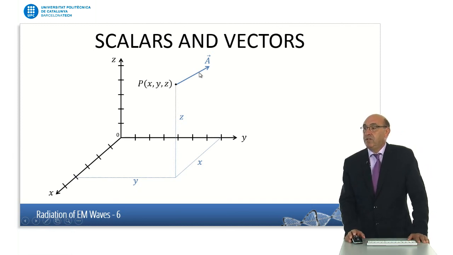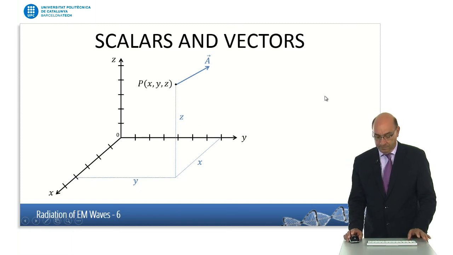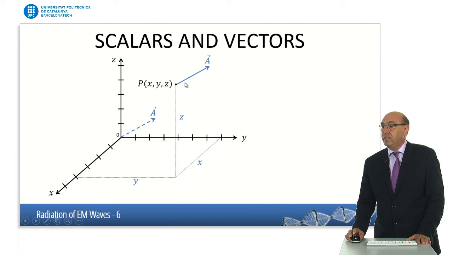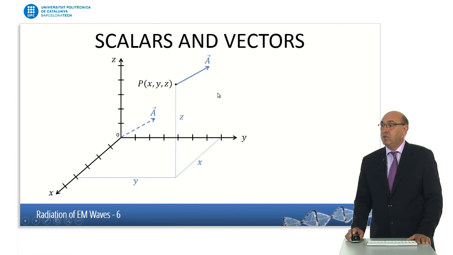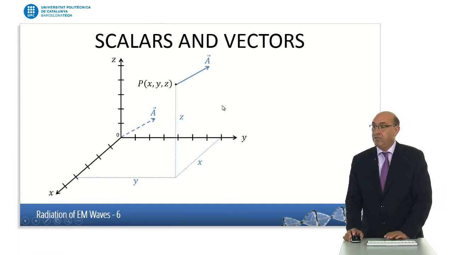The first thing we can do with this vector is just to project it and translate it to the origin, to this point here. In this case, we have exactly a vector that is parallel to the previous one and is a replica of it. Now, to represent a vector, we need something more than what we have until now.